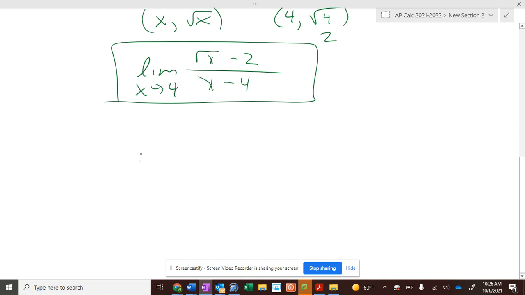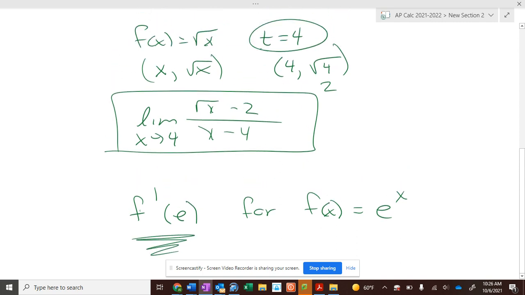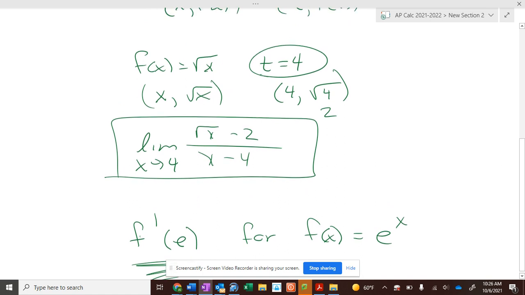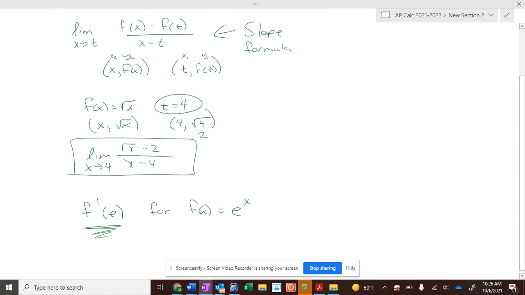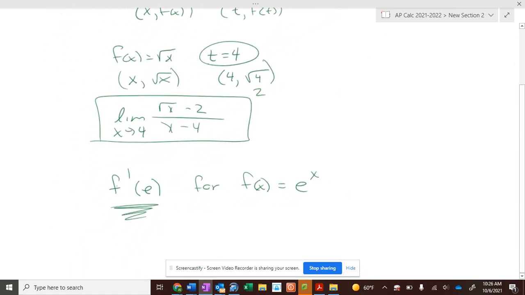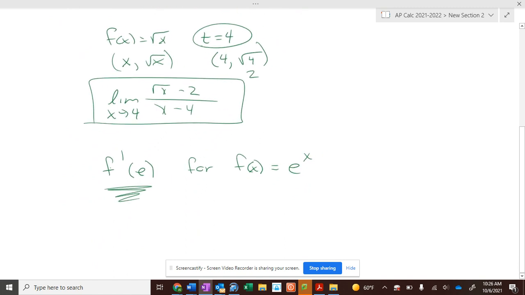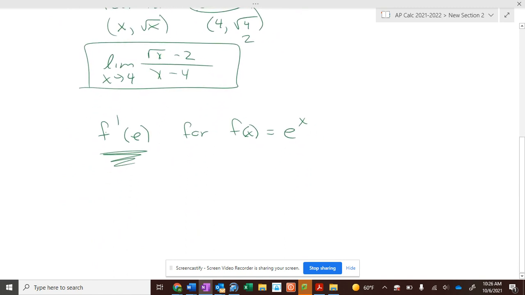Let's say that they tell us that the first derivative of a function at e, for f of x equals e to the x, okay? So here, they say the first derivative is at e. They don't give us the t and the f of t, so we have to use the first formula, because we don't have enough information for the second one.